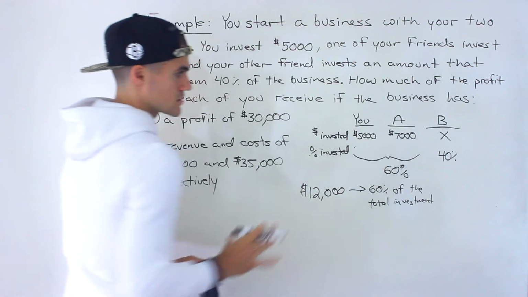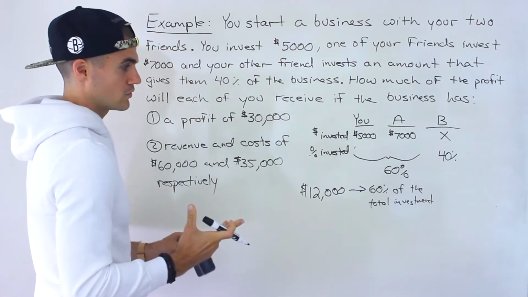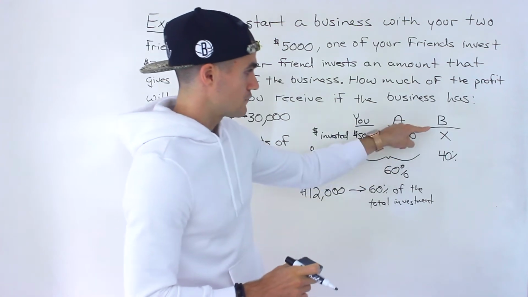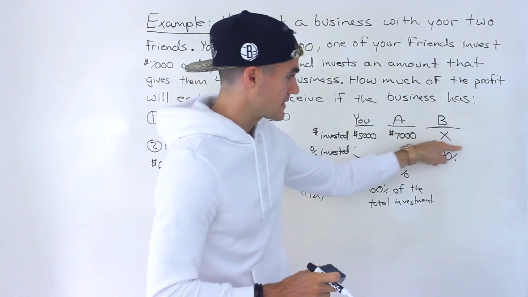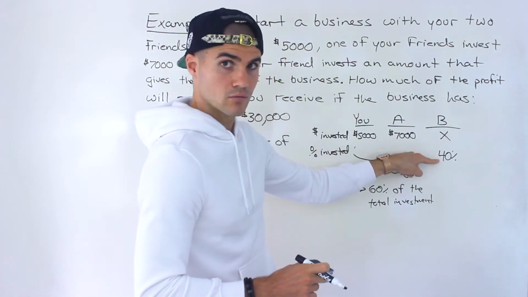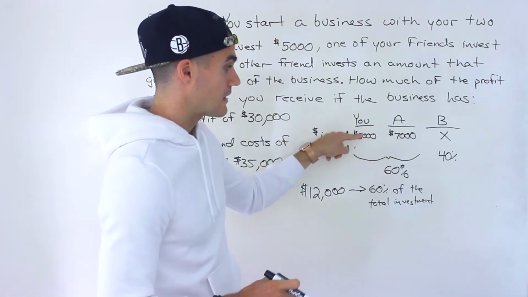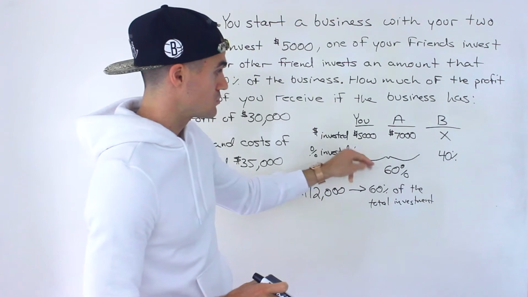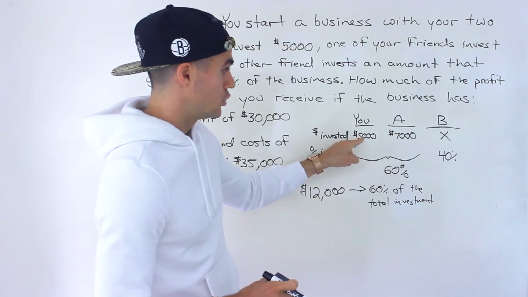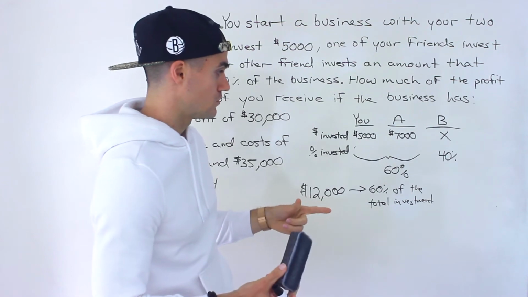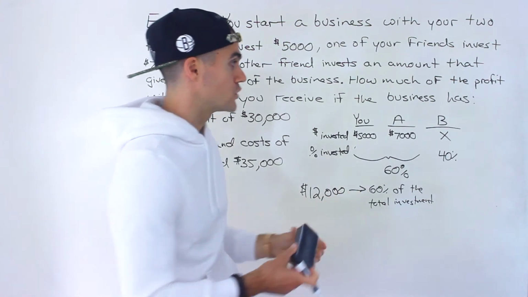This chart is just a nice visual way to see that. Because if friend B invests an X amount that gave them 40%, then that means that you and friend A own 60% of the business, which means that your total invested, which is 12,000 between you two, represents 60% of the total investment.